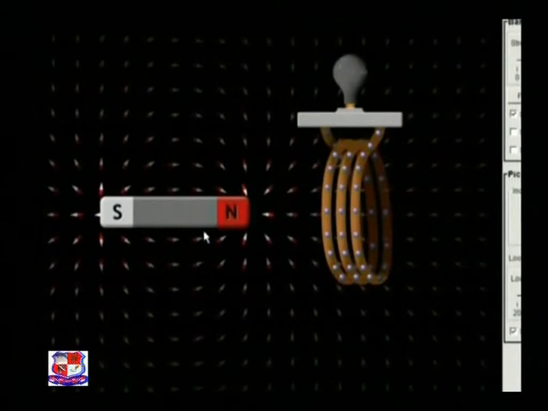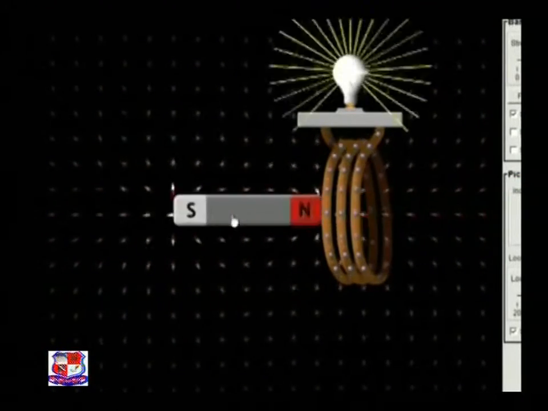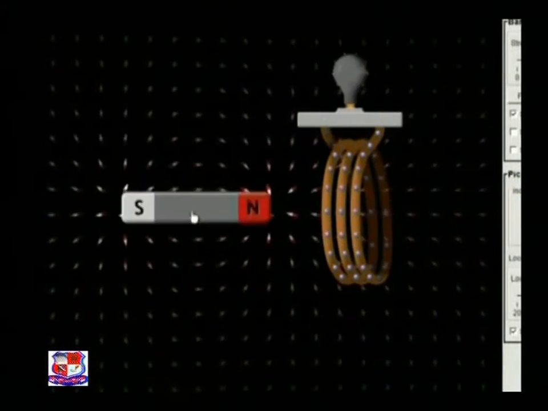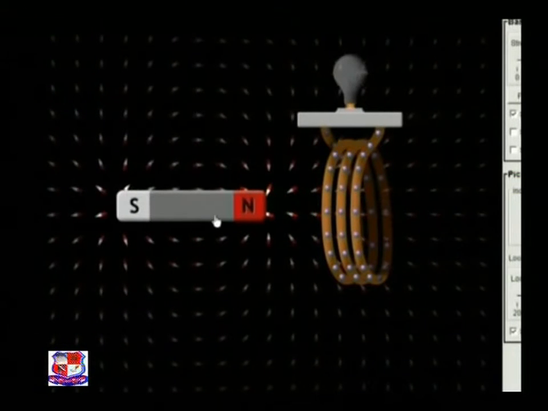You'll notice I move the magnet and the light turns on. In particular, when I move the magnet, notice that the magnetic field is changing. So Faraday's law says that if you have a changing magnetic field, that is going to induce a voltage. In this case we've got a completed circuit, so it's going to induce a current in the circuit, and that light bulb is going to turn on.